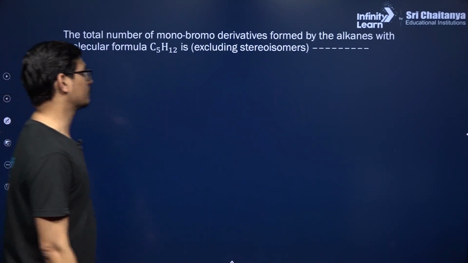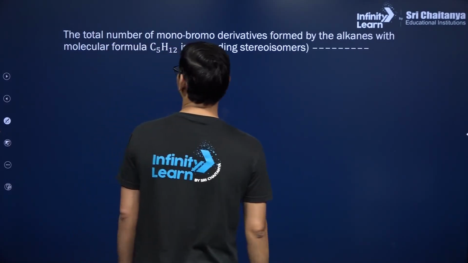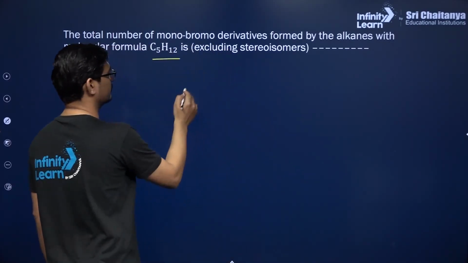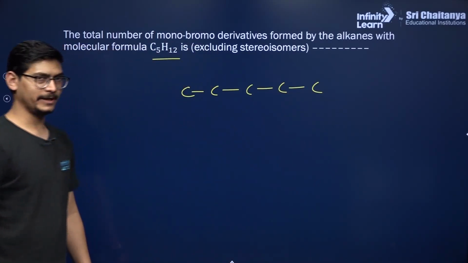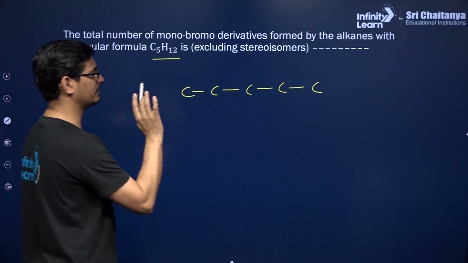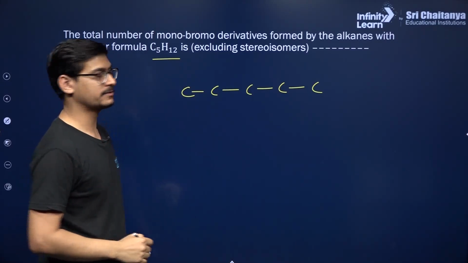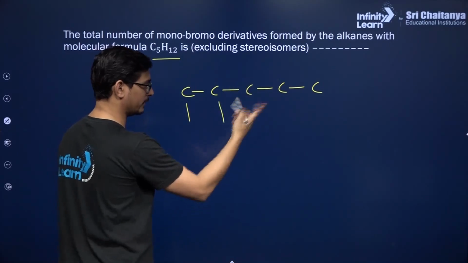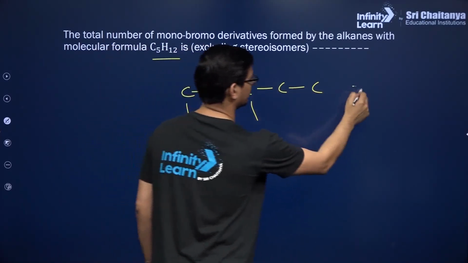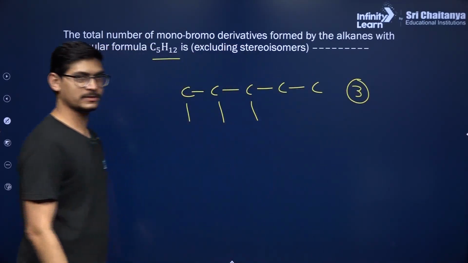The number of total monobromo derivatives formed by the alkane with molecular formula C5H12. So guys, C5H12, it can be n-pentane, right? It can give rise to 3 structural isomers, 1-bromopentane or 2-bromopentane or 3-bromopentane. So it can give rise to 3 structural isomers.